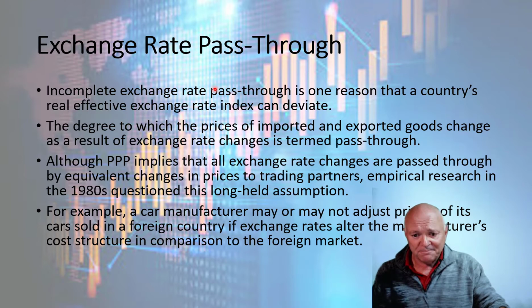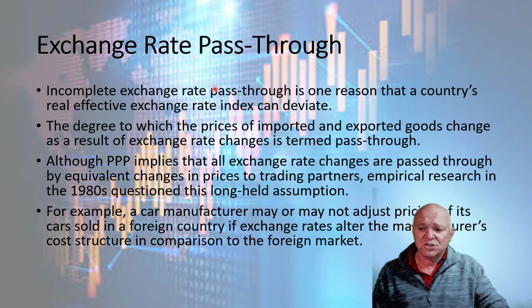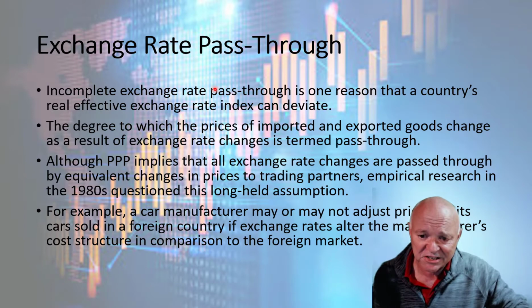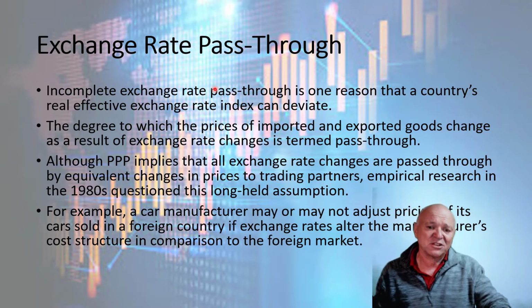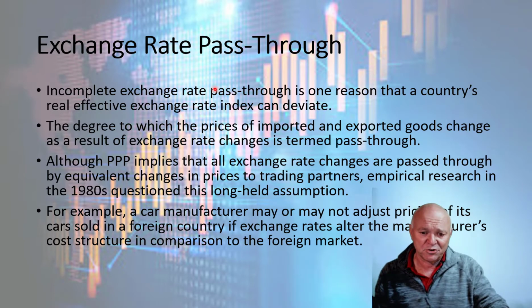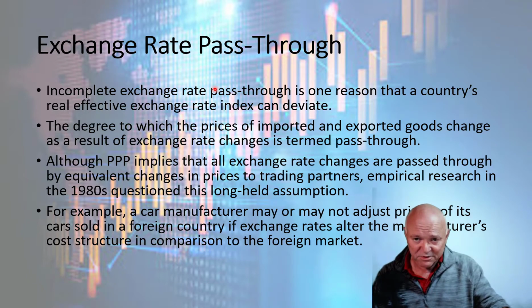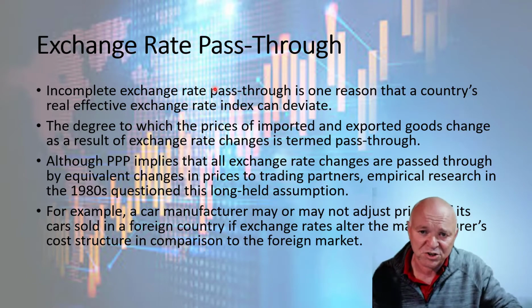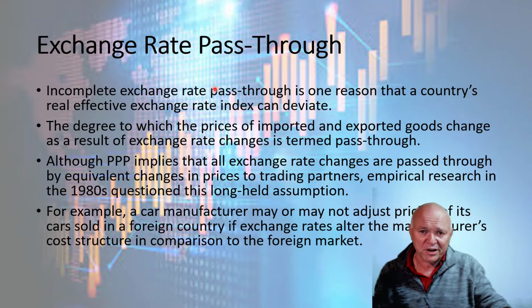Purchasing power parity suggests that our exchange rate changes are all passed through, and in fact the theory suggests that they're passed through immediately. Empirical research during the 1980s suggested that is not necessarily going to be true. For example, if we take a look at a car manufacturer, they can delay passing through the full cost increase that comes from the exchange rate differences in foreign countries in order to maintain market share.